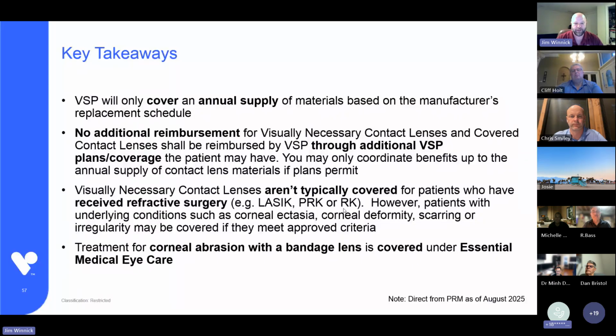However, there's a lot of patients out there that end up with underlying conditions such as corneal ectasia, deformity, scarring, etc., that now you do have diagnostic codes and appropriate reasons why you would use this program. Again, treatment of a corneal abrasion with a bandage lens is not eligible under this program. That's going to fall under essential medical eye care.